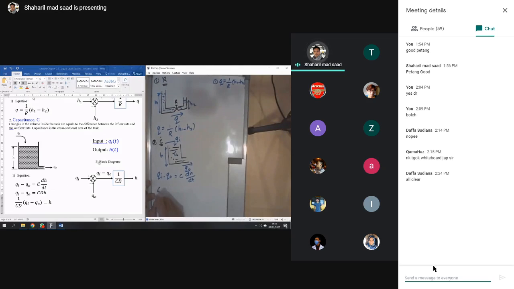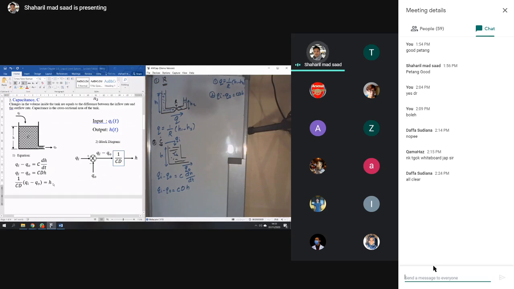So this is the second equation: QI minus Q0 equals C dH over dt, where D means d over dt.